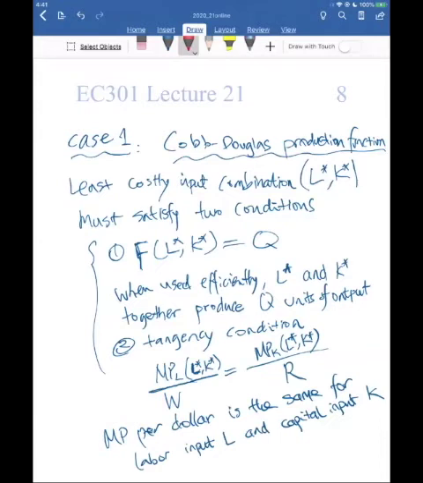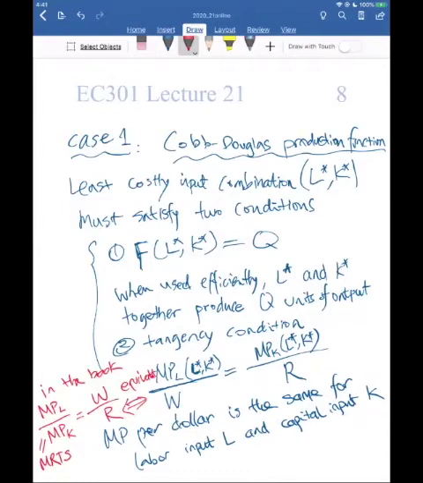I try to eliminate that concept so we don't get more complicated, but in the book, they describe it as follows. They have marginal product of labor over marginal product of capital equal to W over R, and they call this the marginal rate of technical substitution. But these two are equivalent. I just want to point that out.